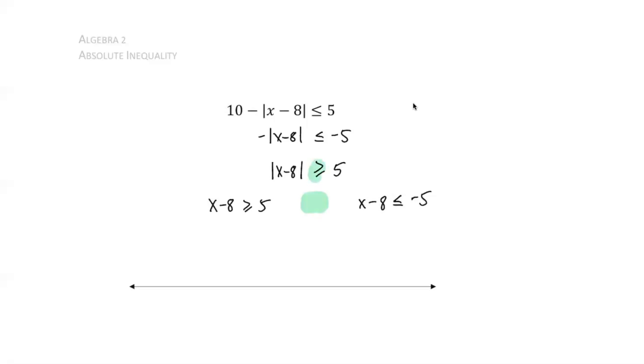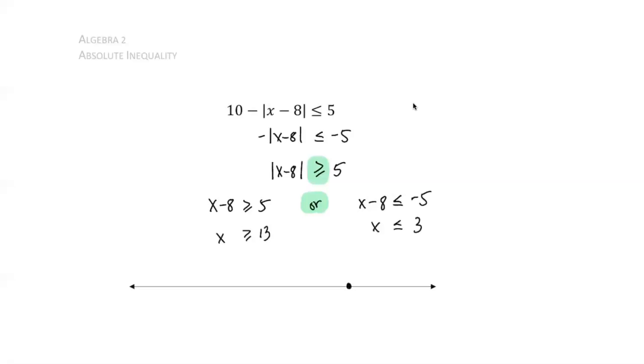So we always look at the sign that's right before we break it down into 2 different branches. So this is greater than or equal to, so that's why it's an or. So we have x is greater than or equal to 13, or x is less than or equal to 3.